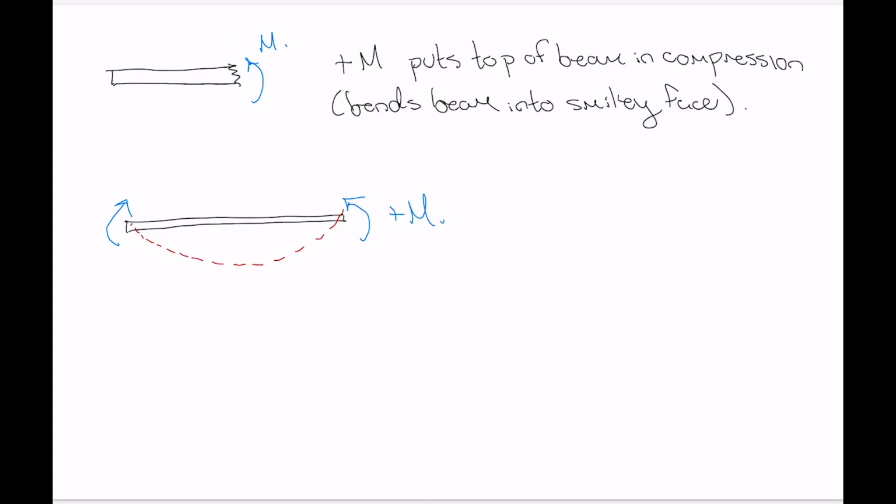And then the opposite would be true for a moment that's acting to bend the beam the other way. Okay. So now that we've got the sign convention down, let's flip to a new page and we'll redraw our beam, and then I'll show you how to use the method of sections to draw those shear and moment diagrams.